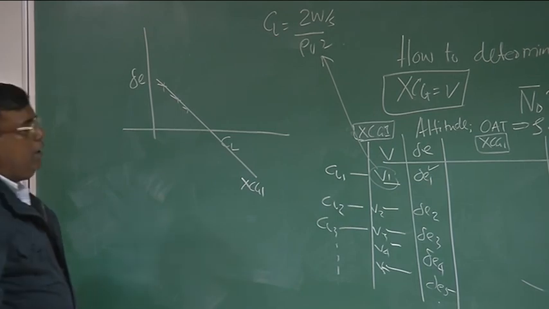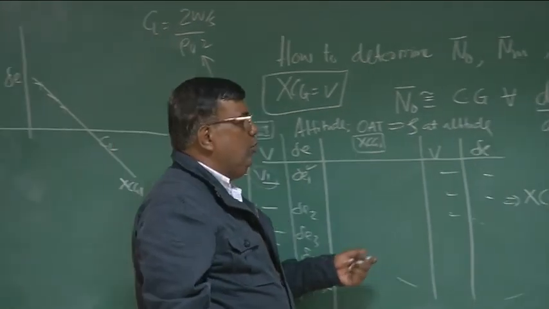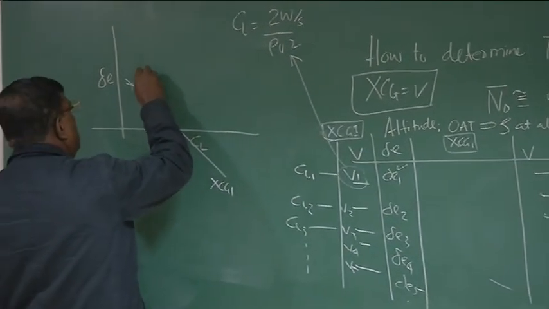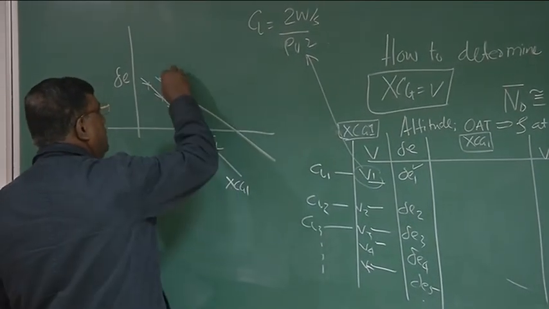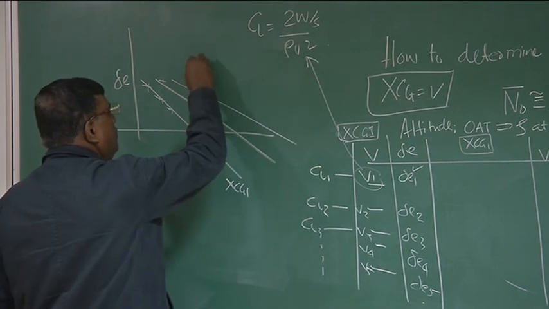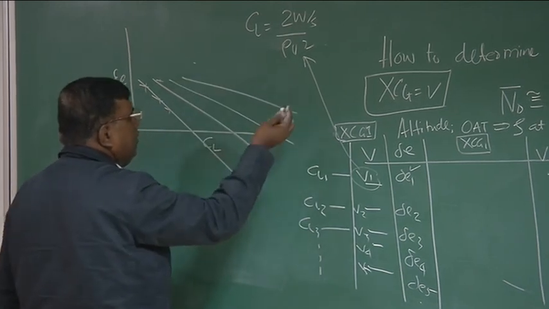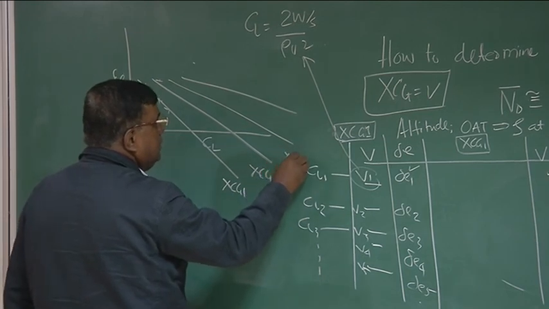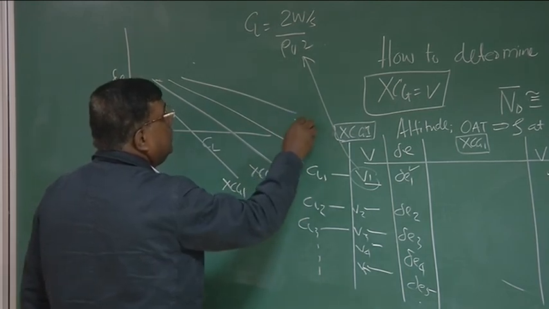Correct? Similarly, I take another case for XCG2. Again, I plot delta E versus CL. So the graph is like this. The third one may be like this. The fourth one may be like this, depending upon XCG2, XCG3, XCG4.